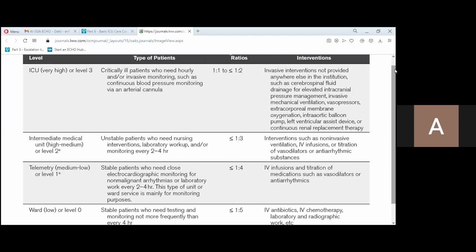The level 3 ICU you find in most developed countries or well-equipped centers. And then, of course, it's capital intensive. So you choose the one that works for you. And this is so important that you can look at your staffing and then decide the kind of ICU you will run. Most of our ICUs now hover between the level 2 and level 1.